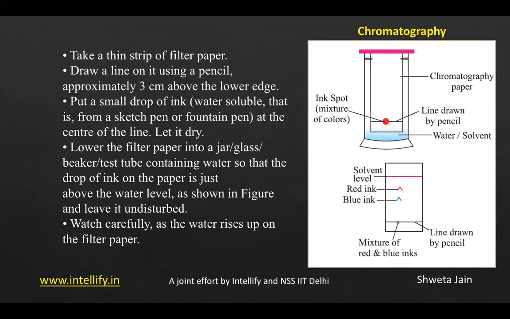Like here in the picture, we can see that the red ink has risen more along with the water and the blue ink has risen less. Means the red ink is more soluble in water, so it rises to a higher level, and the blue ink is less soluble in water, so it rises to a lower level.